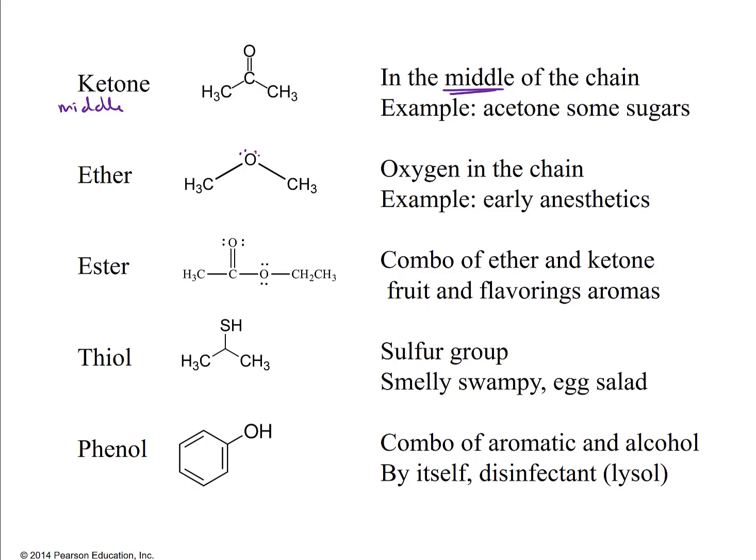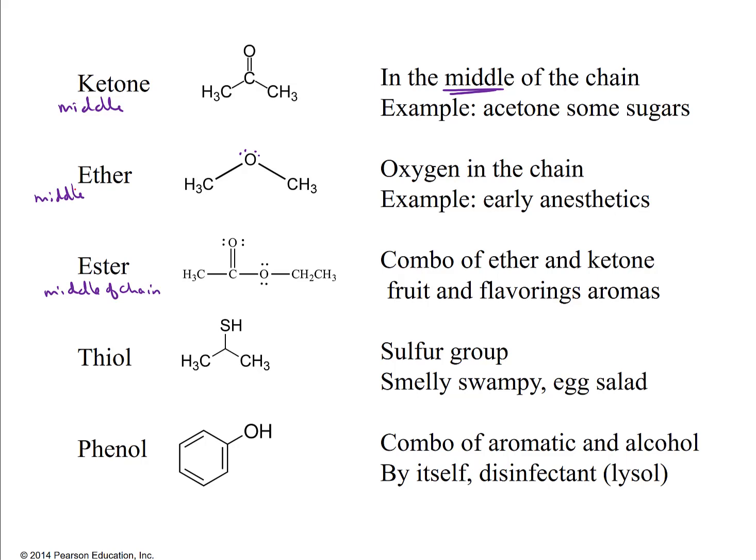But ethers. Esters look a lot like an ether, except that they have a ketone with them. They almost look like a ketone and an ether put together. So you have a carbon with a double bonded oxygen and an oxygen linking it to another carbon. So again, these are in the middle of a chain, just like the ether is, always found in the middle, never on an end.